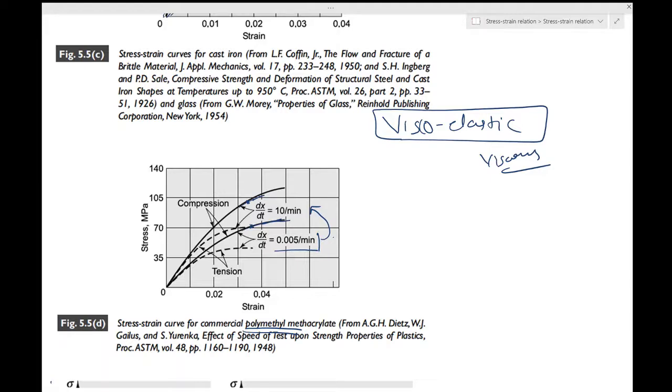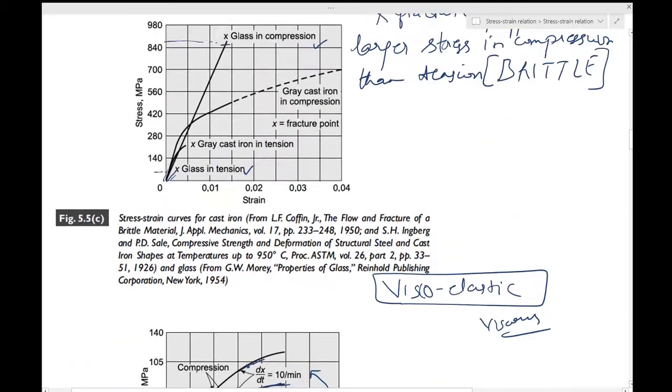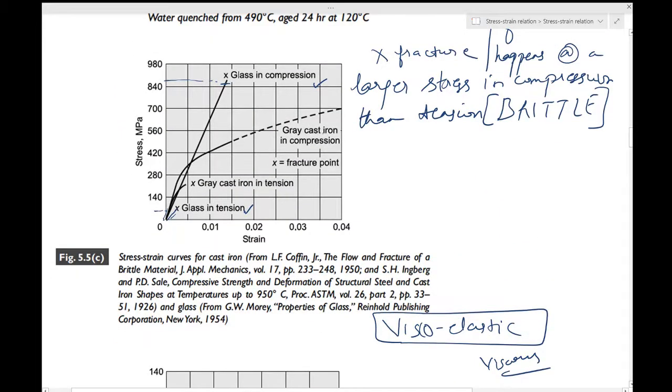Unlike this case, gray cast iron is also a brittle material. Not as brittle perhaps, but definitely more brittle than glass. So one of the differences you see is that the tension and compression behavior is very different for brittle materials, but for a ductile material that difference is very small.